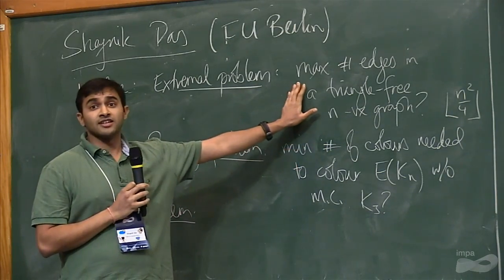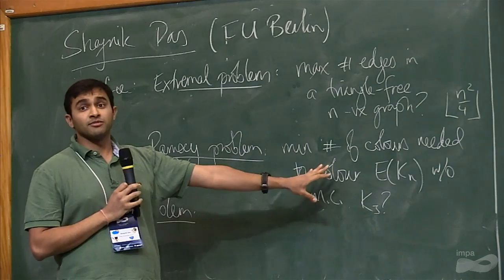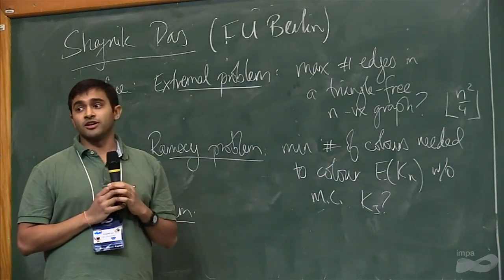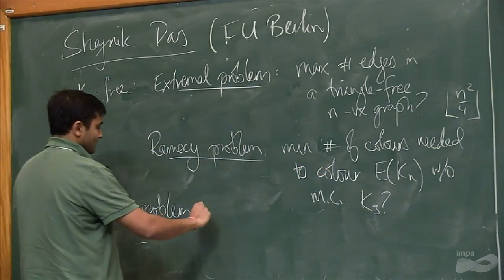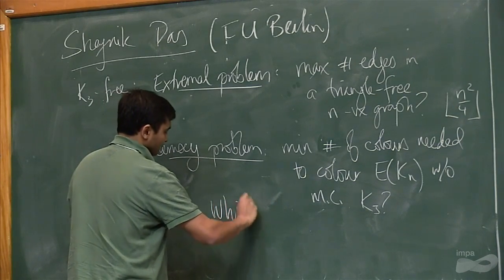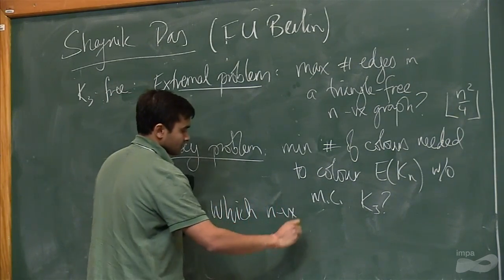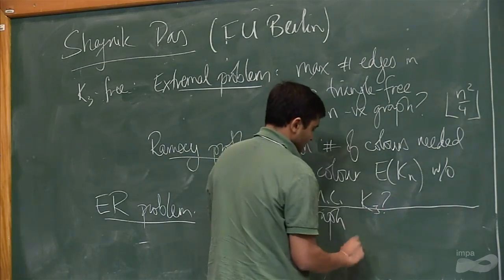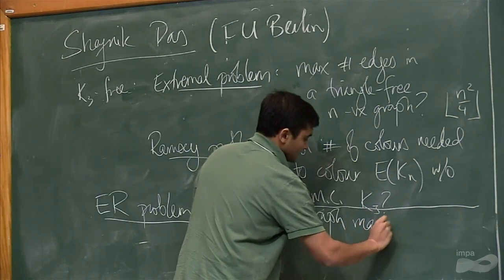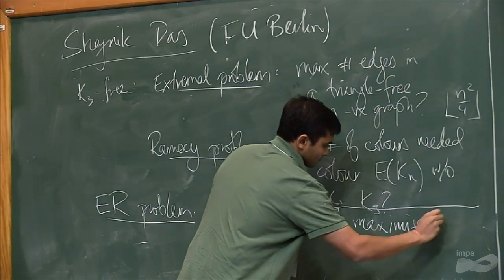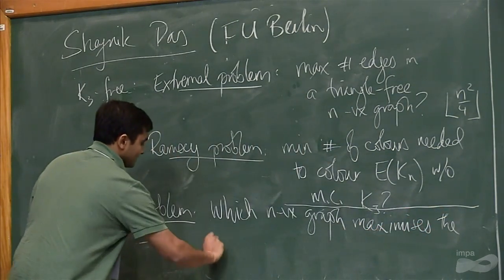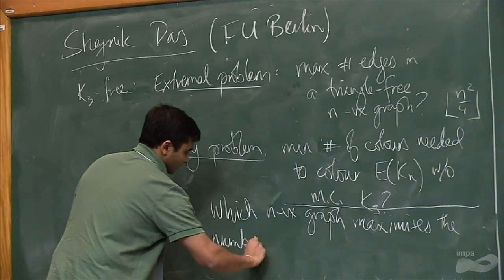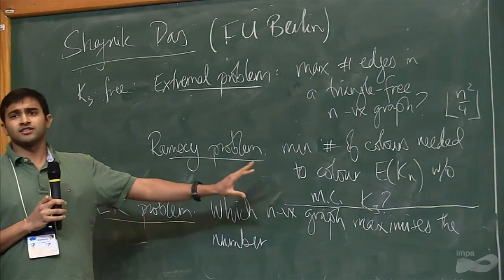Instead of maximizing the size of the graph, we want to maximize the number of colorings which avoid a monochromatic triangle. And when I say colorings, we fix the number of colors.